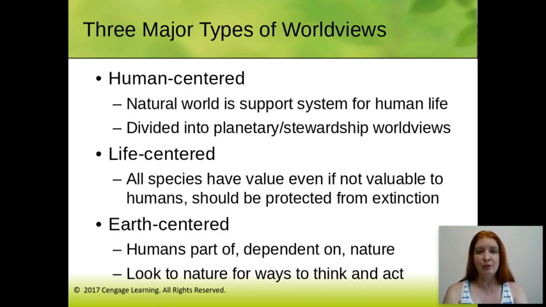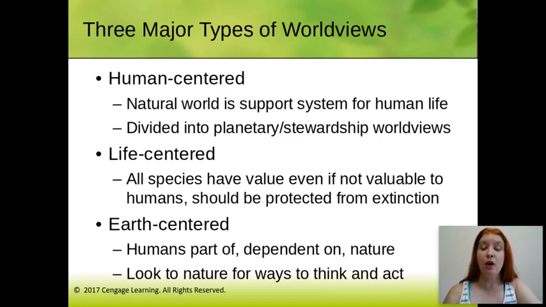So 3 major types of worldviews. Number 1, human-centered. This means the natural world is a support system for human life, and it's divided into planetary and stewardship worldviews, but pretty much the Earth is here to support us. Life-centered means all species have value, even if it's not valuable to humans, and they should be protected from extinction.